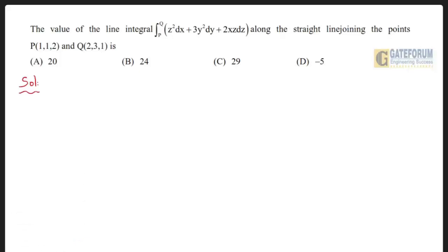Line integral. So either you express this as f bar dot dr bar. Actually this is f bar dot dr bar. Okay. Already given in Cartesian form. So express this integrand in variable separable form or exact differential, that is derivative of some function, or one variable terms only depending on the curve equation.